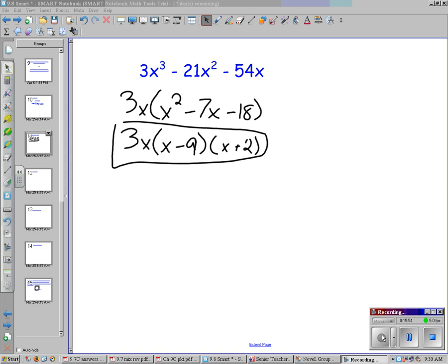The deal is I've got that x squared minus 7x minus 18, and now I have to factor it. It's not a perfect square trinomial because 18 is not a perfect square number. So I start my 9.5 process. Guessing and checking. All righty. Then I look at x minus 9, x plus 2. Every one of these x's, what's the exponent on the x? 1, then you're done.